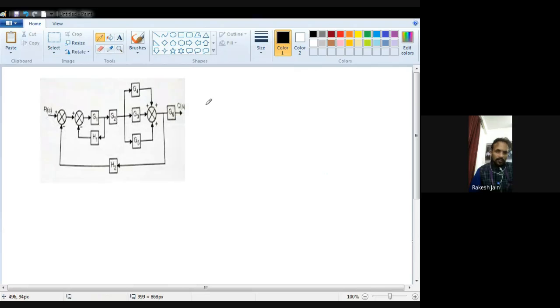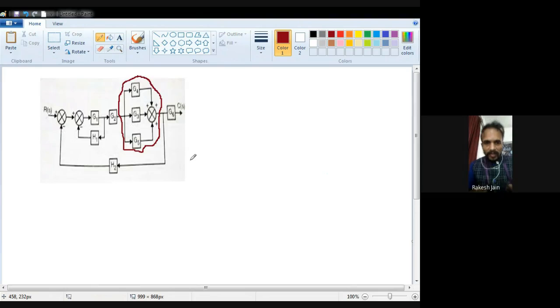Okay. Now see, whenever any question comes in front of you, just keep in your mind all those rules which I have already taught you regarding the block diagram reduction technique. Now see these three loops. I just encircle these three. This G4, G3 and G5, all three are in parallel.